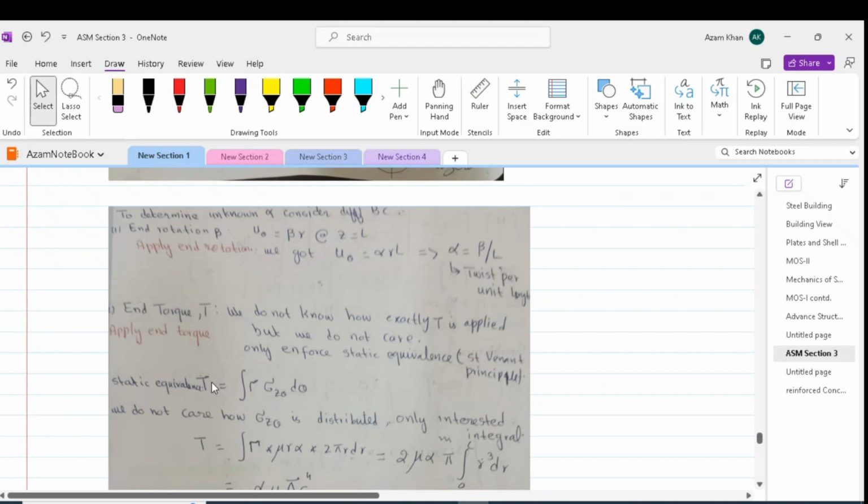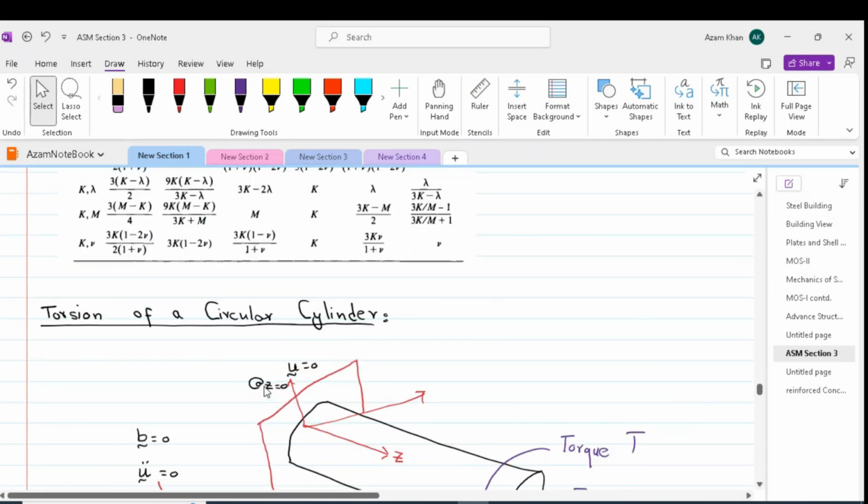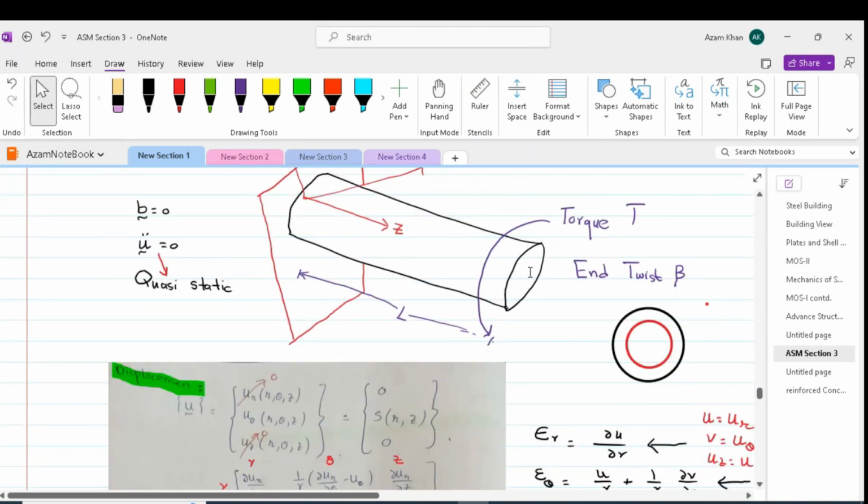Now there can be another scenario where we apply a torque. In the case of torque, we exactly don't know where we apply the torque. So we can have an instrument which holds the surface and then apply a twist, or we can have a small portion of a cross section, and on that portion a torque might be applied.